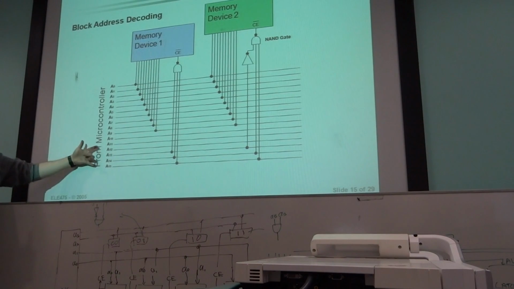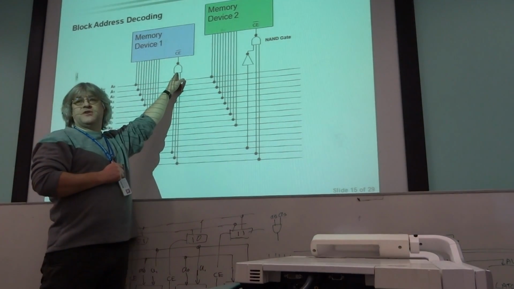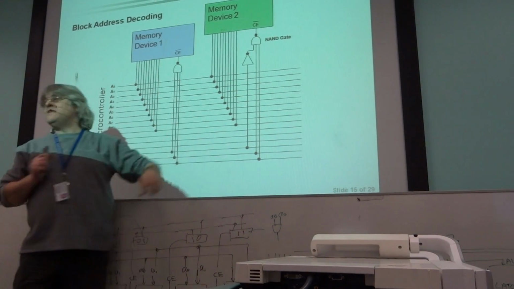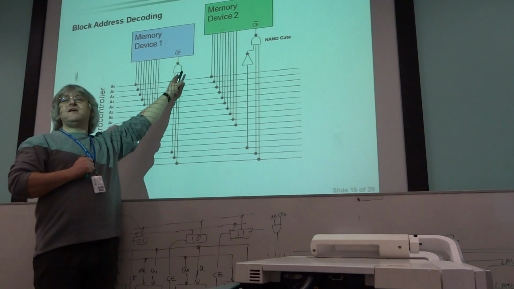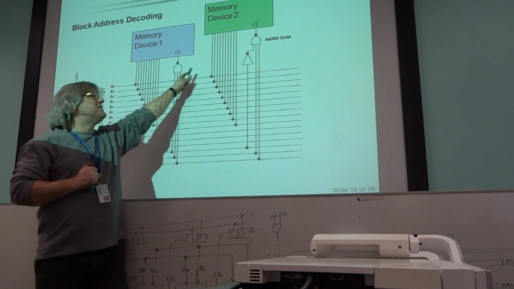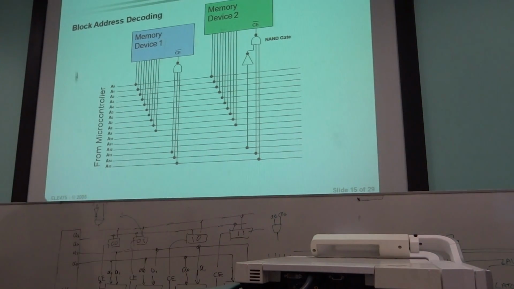And some, but not all of the additional address lines are being fed into the address decoding circuitry. In this particular case, the advantage is that instead of having a 6-input NAND gate, I only need a 3-input NAND gate, here and here, which I can buy. So it's a bit cheaper.